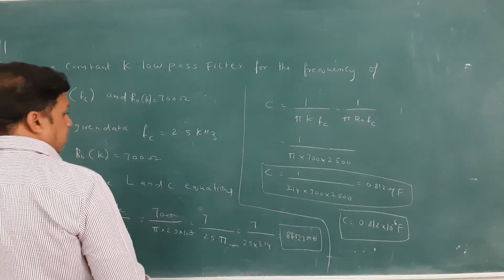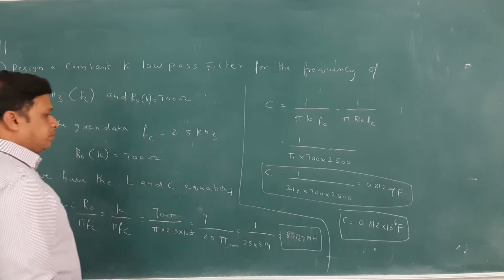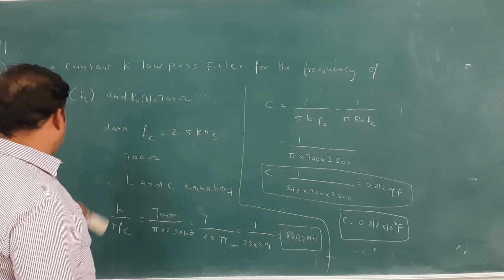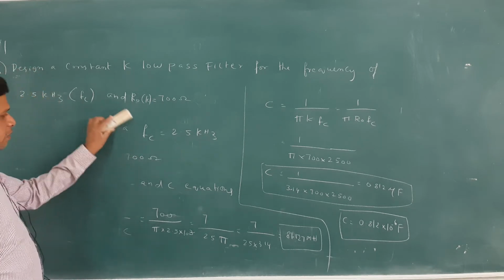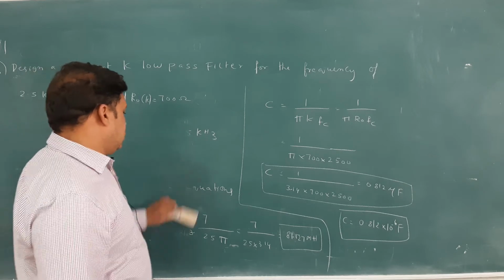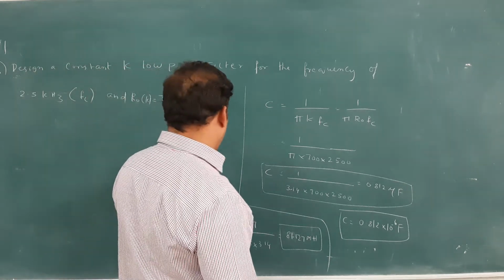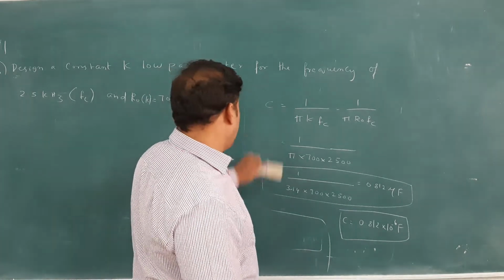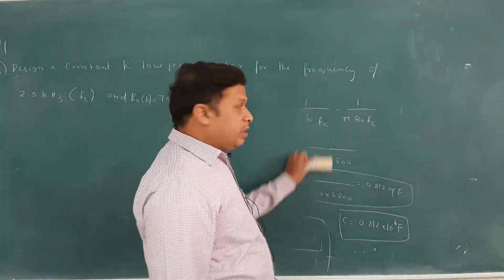Now you will remember these values and draw the constant K low pass filter. We have to draw the T section as well as the pi section for the constant K low pass filter, and after getting these values, we have to write the series impedance and the shunt impedance values for the T network and pi network.